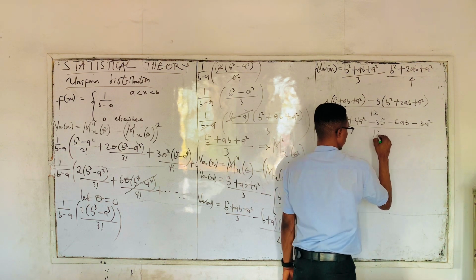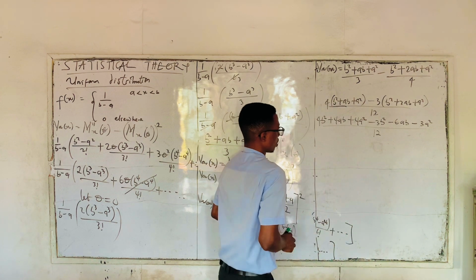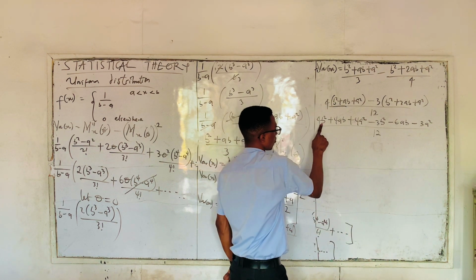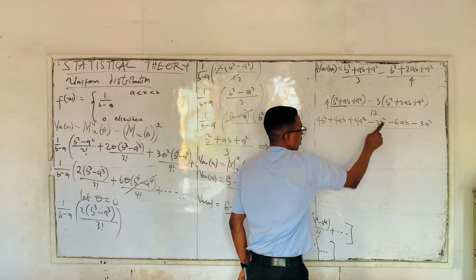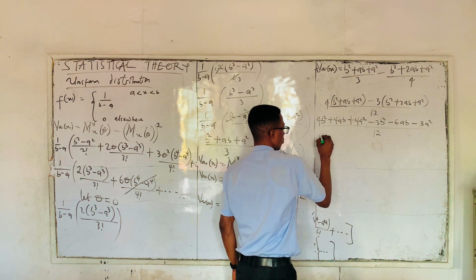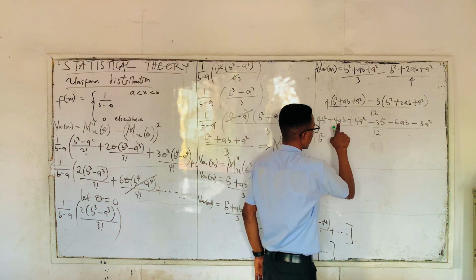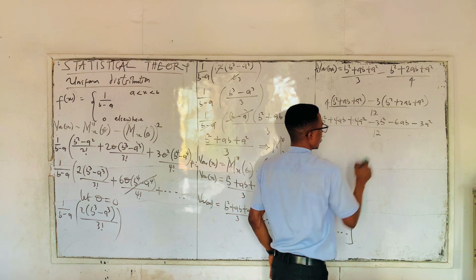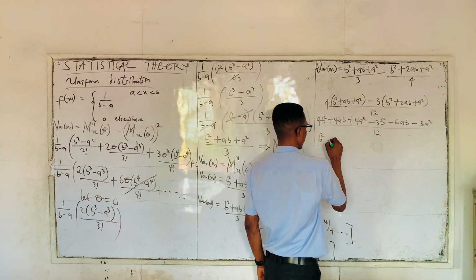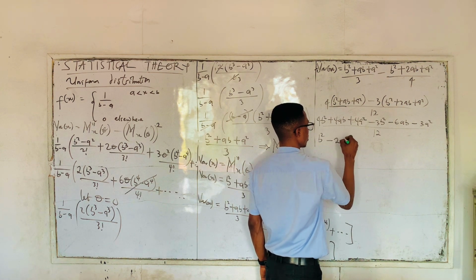Now we can collect the like terms. Here we have 4b squared minus 3b squared. We are left with what? b squared. Here we have 4ab minus 6ab. We are left with minus 2ab.